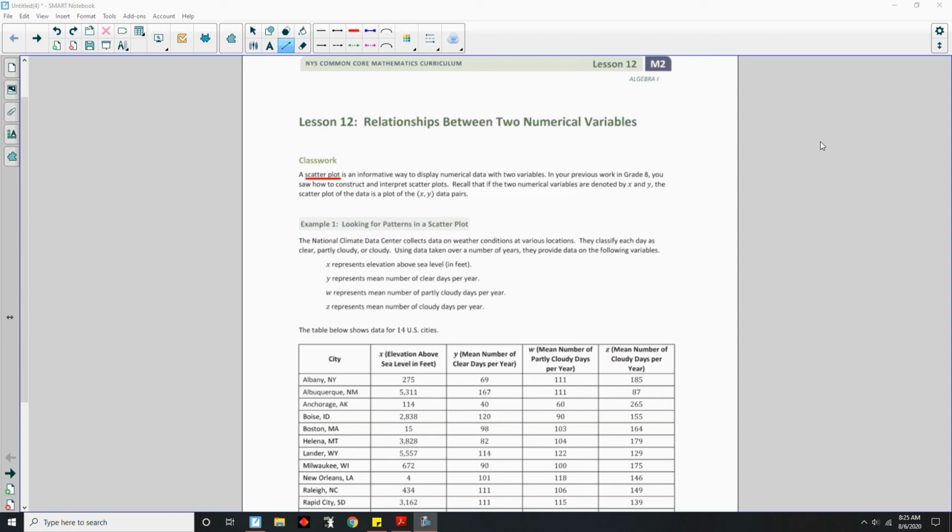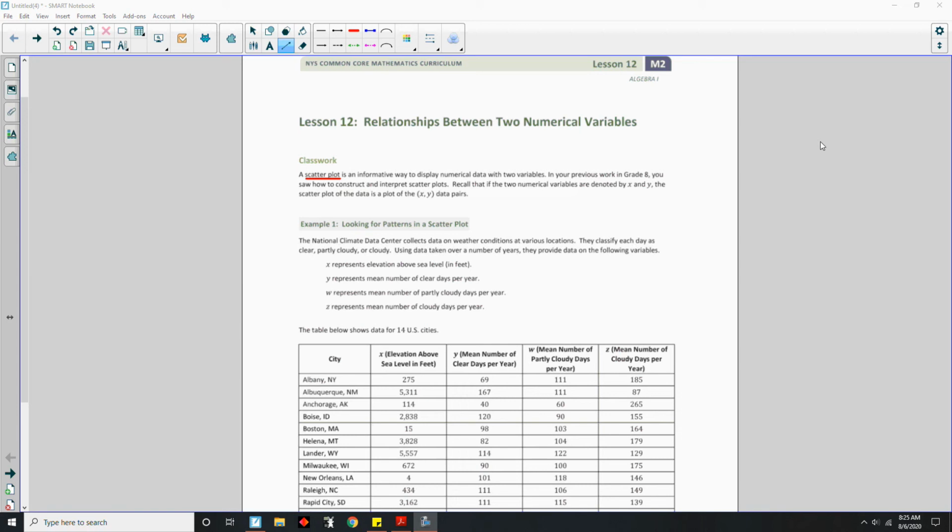Example 1. Looking for patterns in a scatter plot. The National Climate Data Center collects data on weather conditions at various locations. They classify each day as clear, partly cloudy, or cloudy. Using data taken over a number of years, they provide data on the following variables. X represents elevation above sea level in feet.